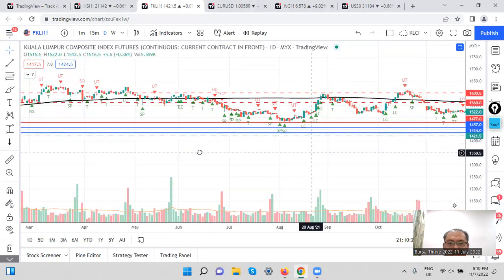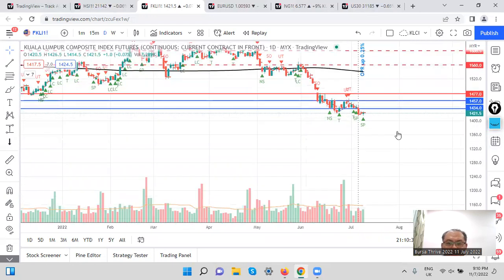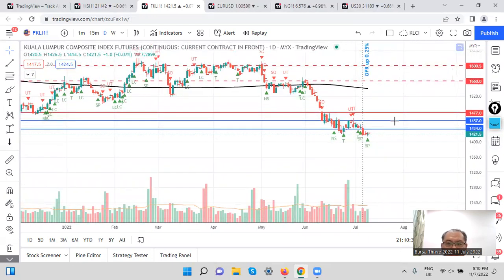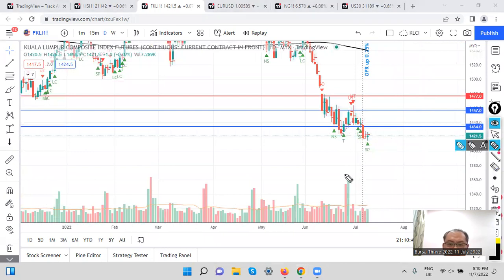For me, I'm also still waiting for the chances. We see the price coming down again to penetrate, because all these are high volume. This high volume was supposed to be a rebound, but it came down like this.